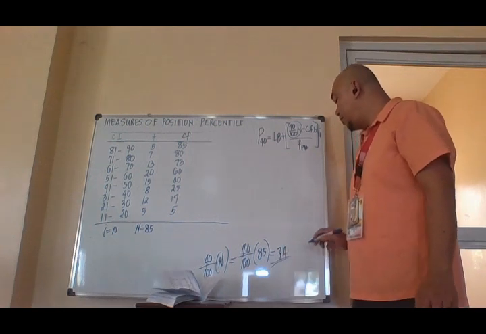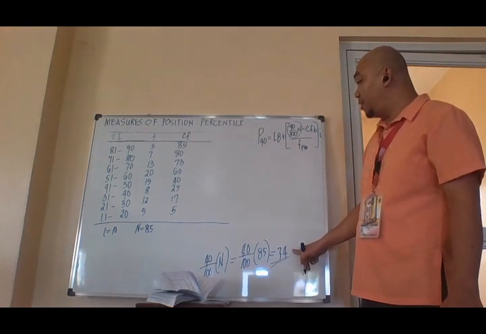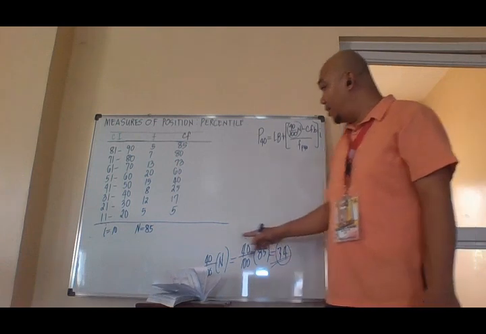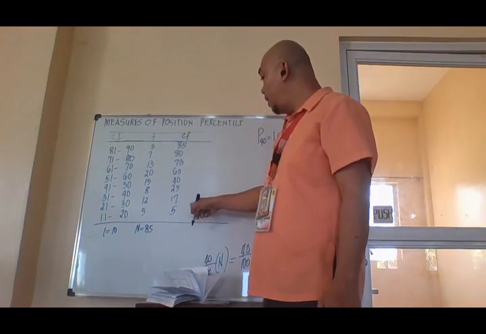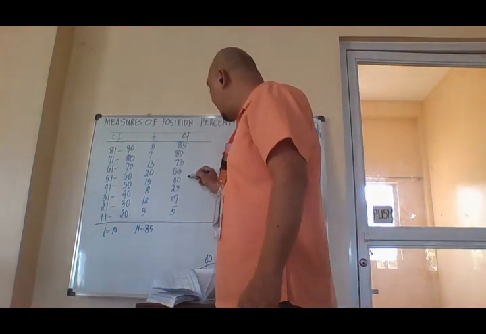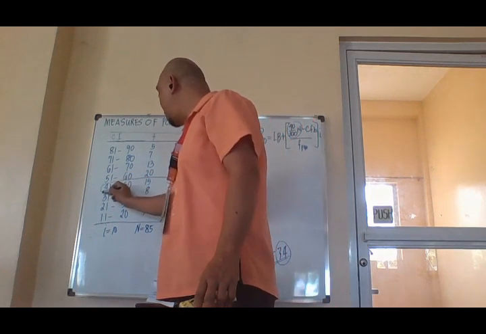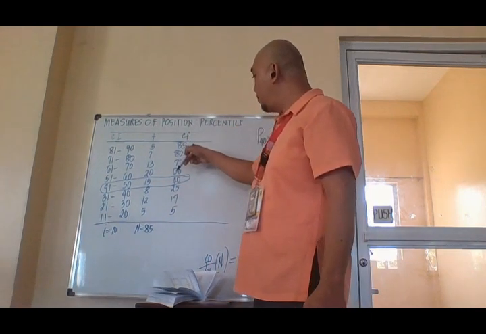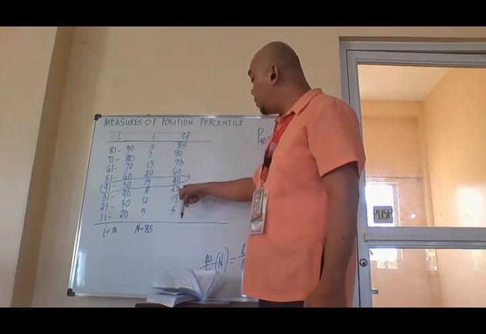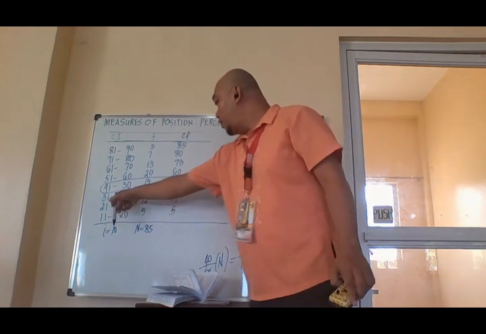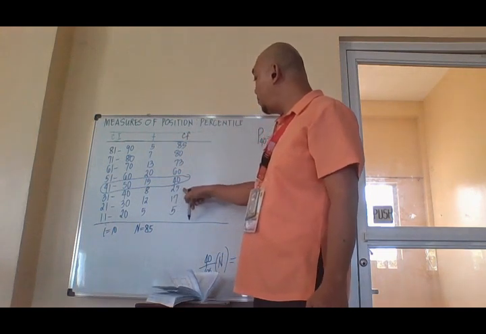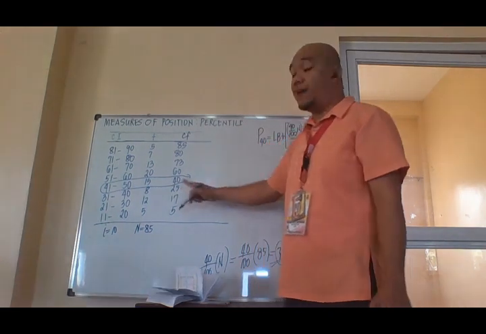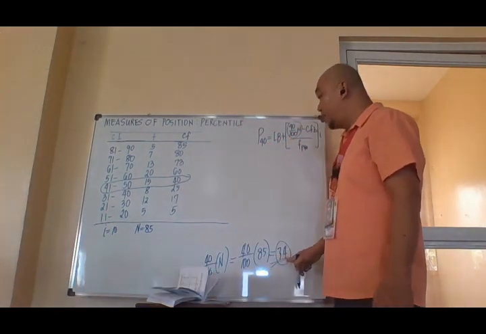So this is now the cumulative frequency column. Next, we are going to locate the position of 34. So 34 is located in the class interval of 41 to 50. Why? Because as we can see in the cumulative frequency column, we cannot choose 31 to 40 because the cumulative frequency of this class interval is just 25, and 25 is less than 34.